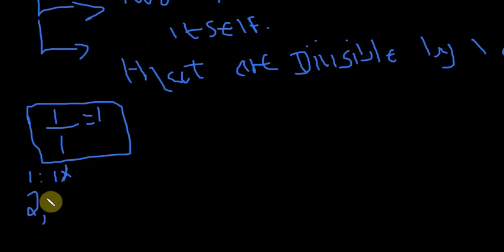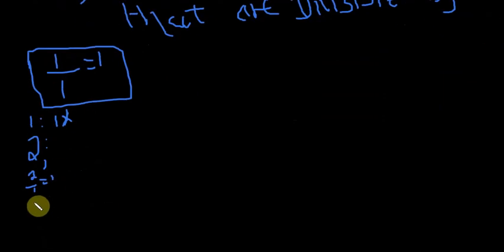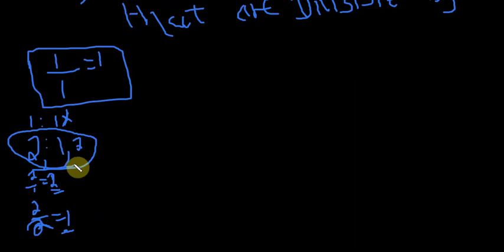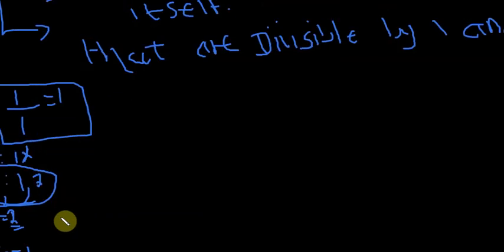What about 2? 2 divided by 1 gives us 2. 2 divided by 2 gives us 1. So 2 has 1 and 2 as factors. So 2 has 2 factors, so it is a prime number.